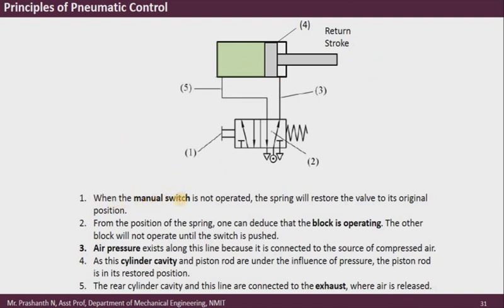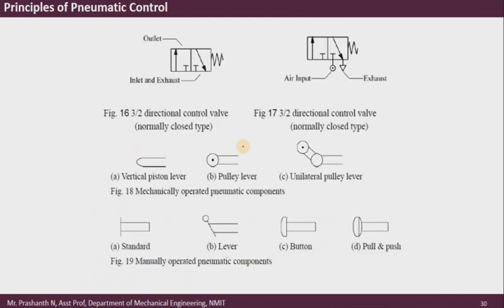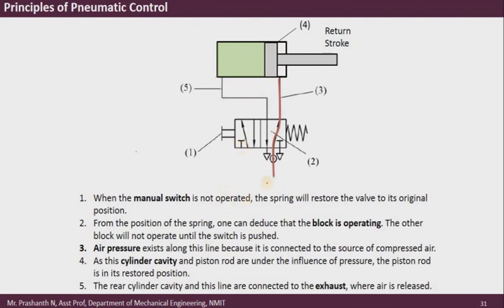In the default position, the air is given directly to the rod end of the cylinder. When the high pressure air reaches the rod end of the cylinder, it fills up this particular portion.